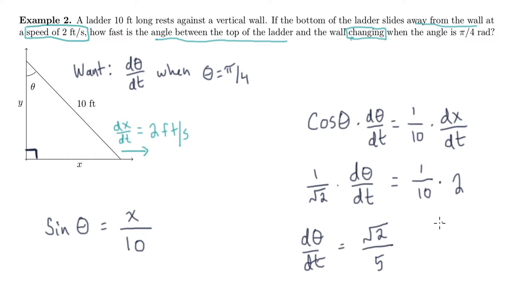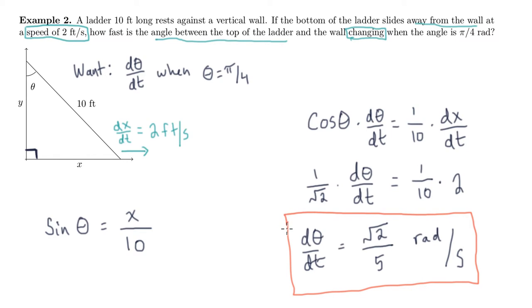And now the units here are going to be radians, right, because that was the unit of angle, per second. Okay, and of course this has a numerical value that would probably mean something more to you, and probably even more so, you can convert it to degrees per second to see kind of how fast that angle is opening up as dx/dt increases this way.